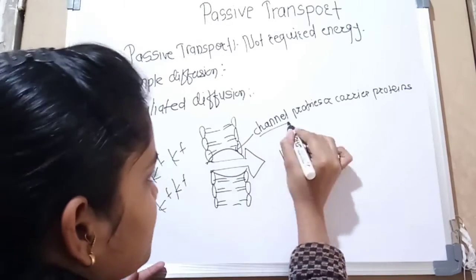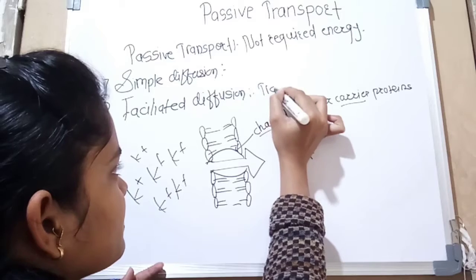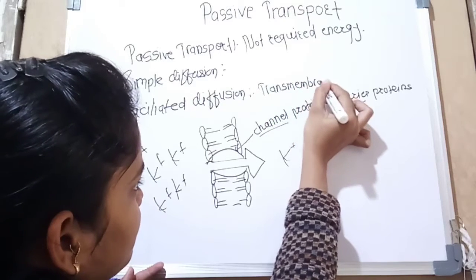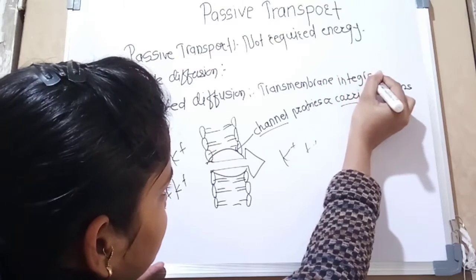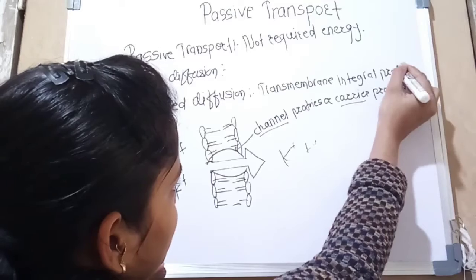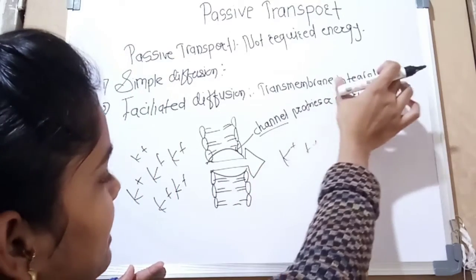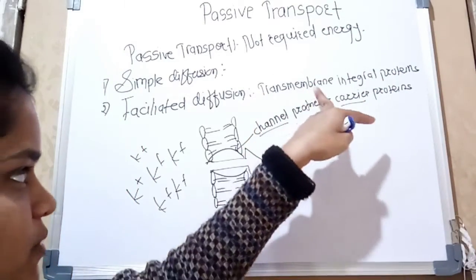This is the channel protein or carrier protein, also called a transmembrane integral protein, because these are embedded in the plasma membrane. That's why they are called integral proteins, for the transmembrane transport of these ions.